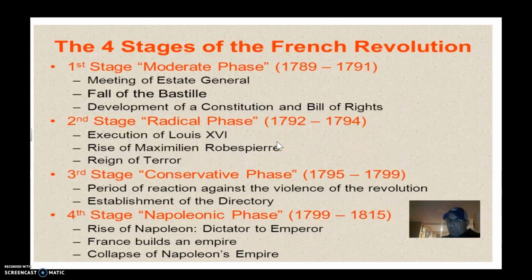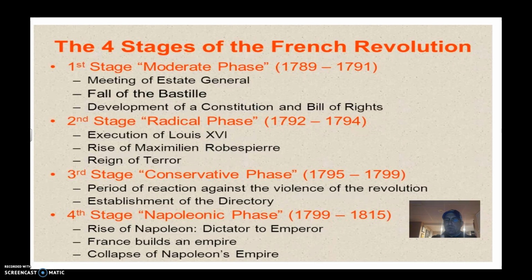It says a period of reaction against the violence of the revolution, establishment of the Directory. That's the conservative phase. Whenever they use the term conservative, which is what you're reading about in your homework that's due on Tuesday, conservative means kind of going backwards, and staying where you are. So the response to the Reign of Terror is this conservative phase of the revolution that is run by the Directory. And that's kind of how it goes.